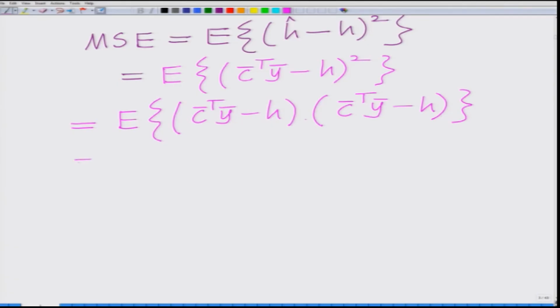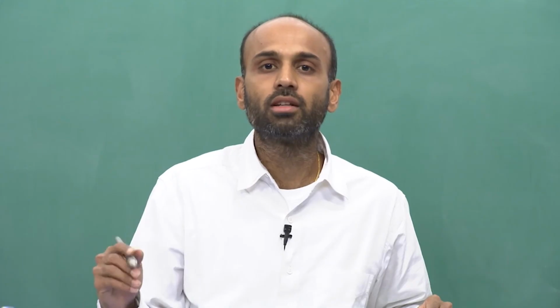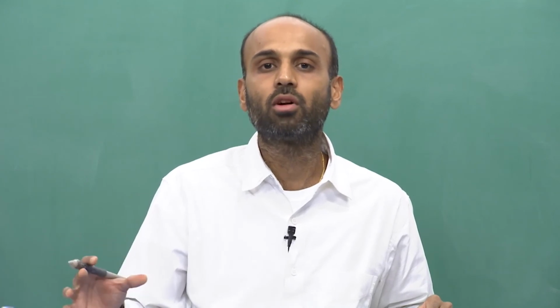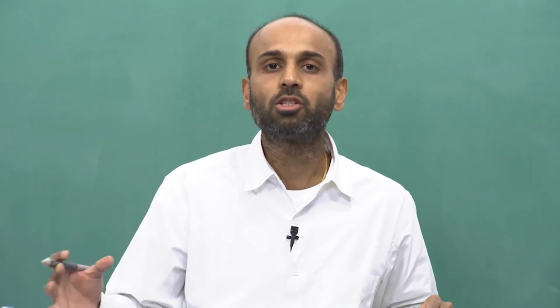So, therefore, the square is simply the quantity times itself, and now I am going to use a property: since C bar transpose y bar minus H is a scalar quantity, that is, it is a number, it is equal to the transpose of itself.